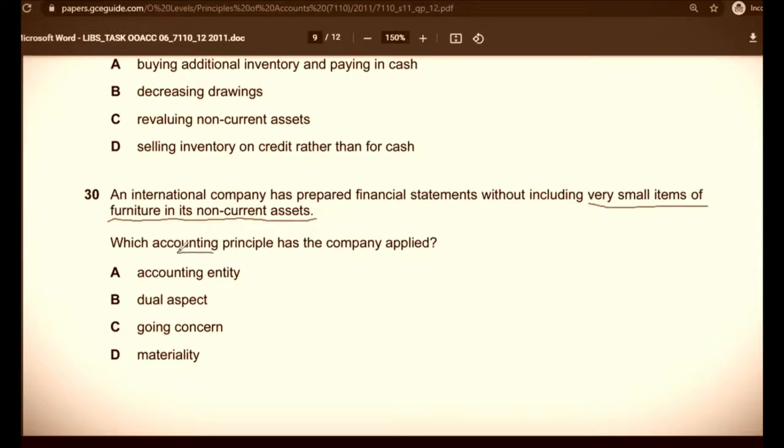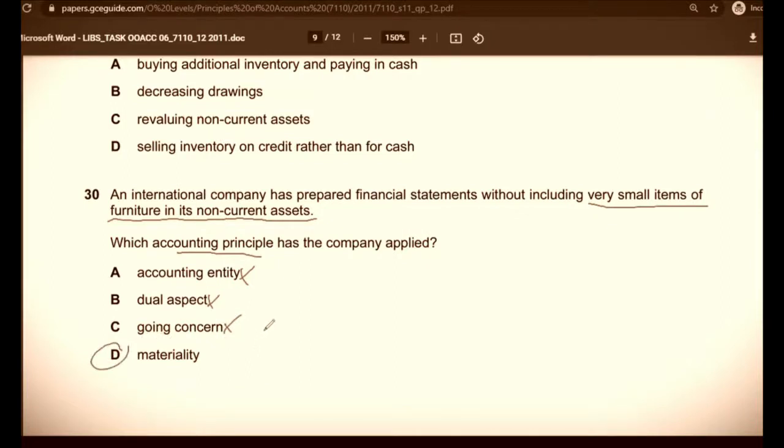So this question is again about accounting principles. If you have noticed, in all the years there's always a question on accounting principles, which highlights the importance of knowing them, because these are very basic and you should know them very well. Accounting entity, no, this is a wrong concept. Dual aspect, no, this is not dealing with non-current assets at all. Going concern, no. Option D is the correct answer.